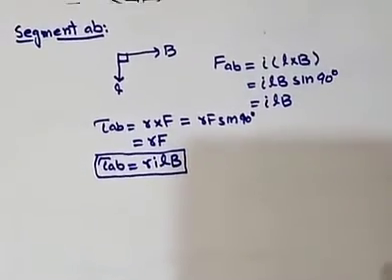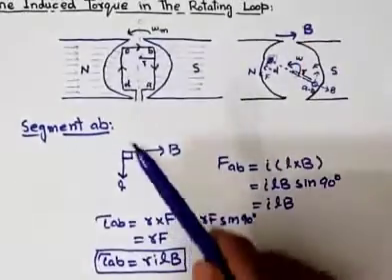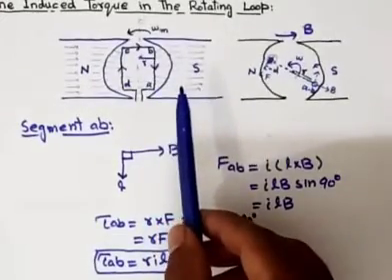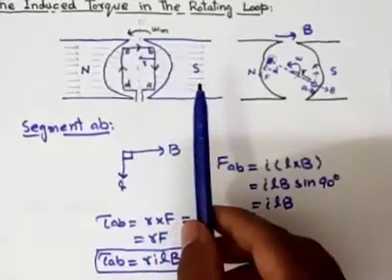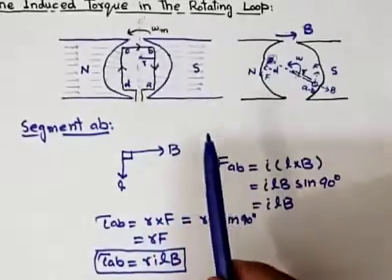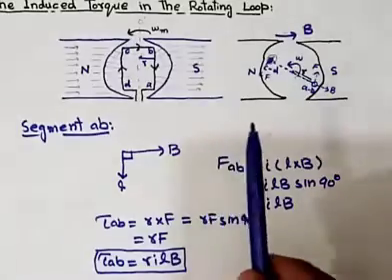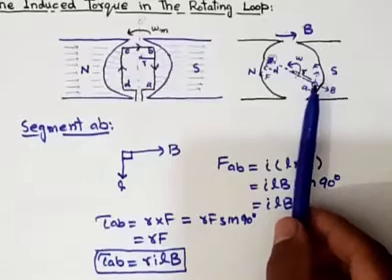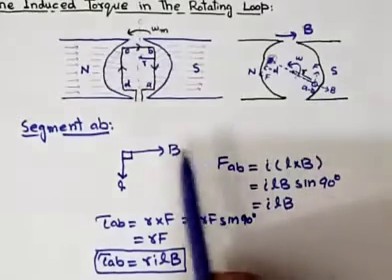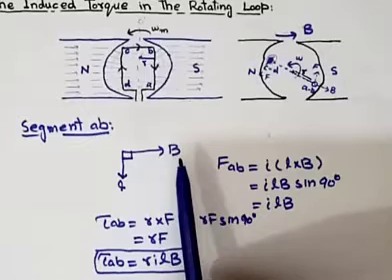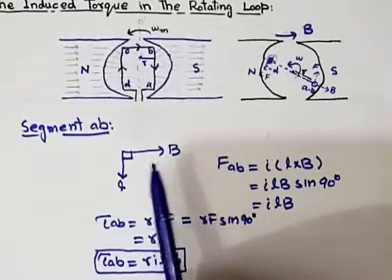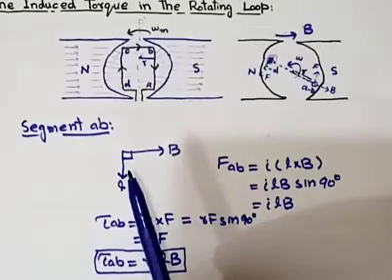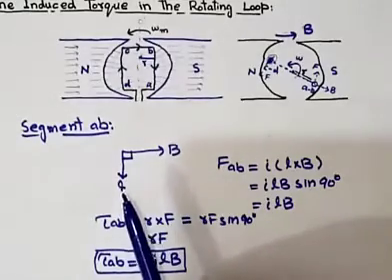So as you can see in the diagram, in segment AB, the direction of the current is outward and the direction of the magnetic field is toward right. Therefore, according to Fleming's right-hand rule, the direction of the force is upward, because the direction of the magnetic field is toward right and the direction of the current is outward.